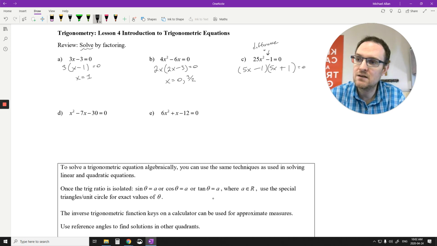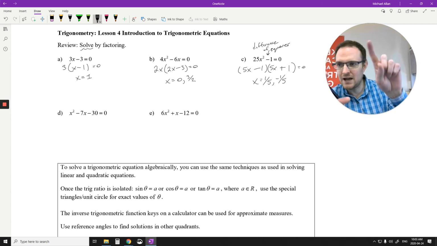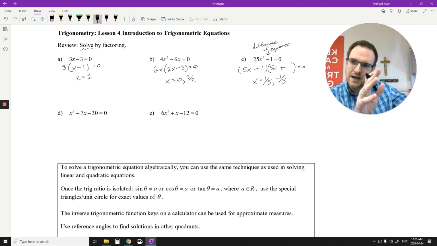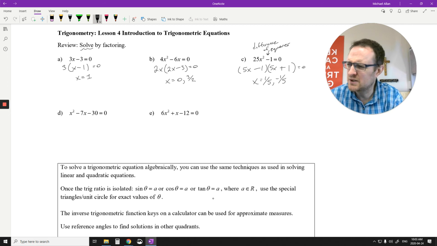Difference of squares. Cool. What would make this equal to 0 would be those 2. So remember, I'm just shortcutting this because I could see in my mind, if those were equal to 0, I would add 1, divide by 5, or subtract 1, divide by 5. All right, but you could just write them out if you need to.